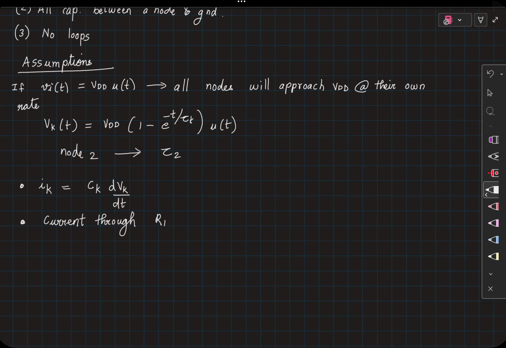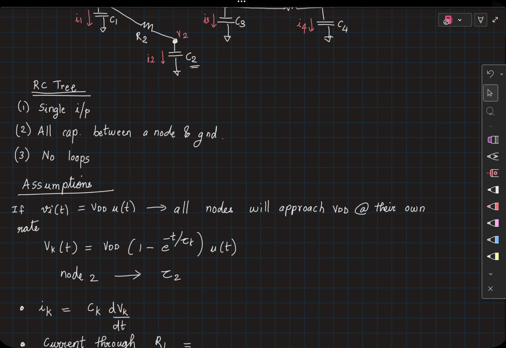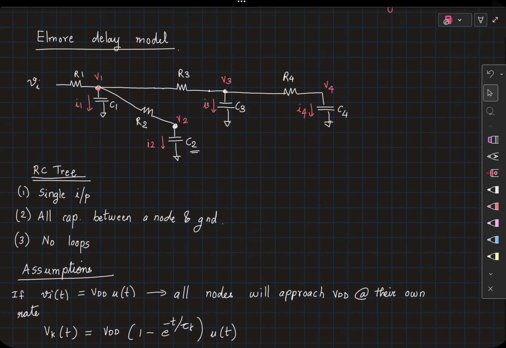Right? I want to see the current through R1 and the current through R2. So looking at this, the current through R1 is going to be the summation of the currents that are flowing through all the capacitors. So current through R1 is I1 plus I2 plus I3 plus I4.